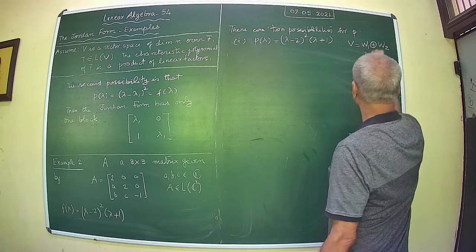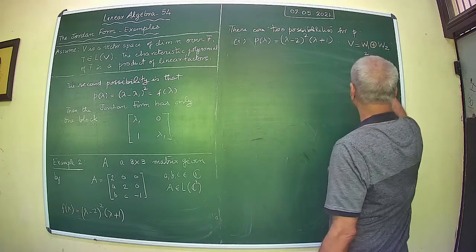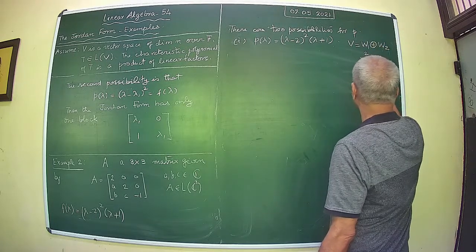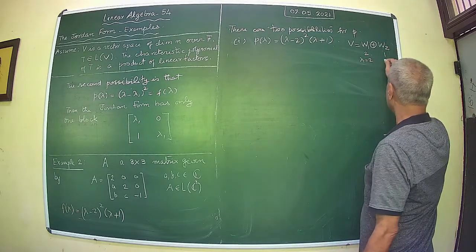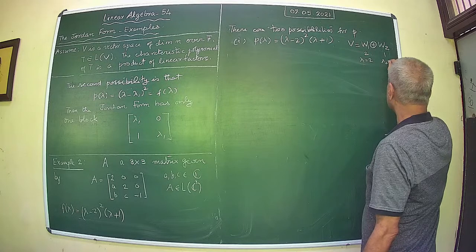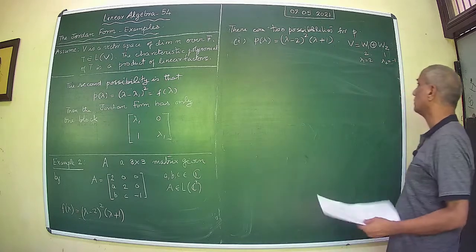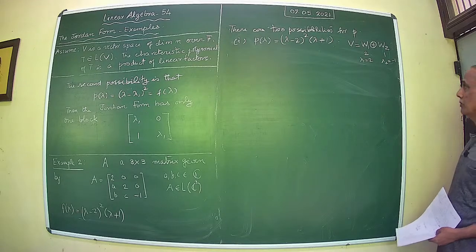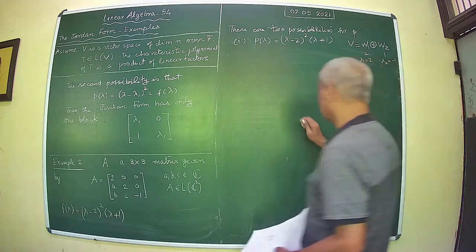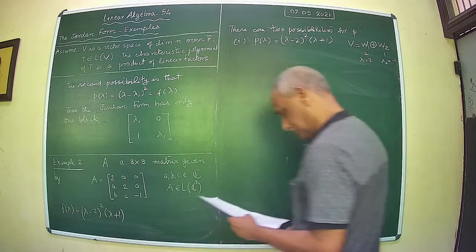This is two-dimensional corresponding to the eigenvalue, and this is one-dimensional. This is what you have. Okay, lambda 2 equal to minus 1. Right? That is the breakup that you have.